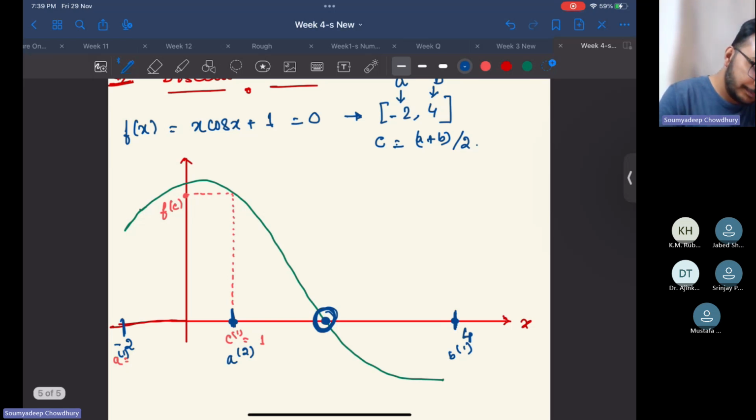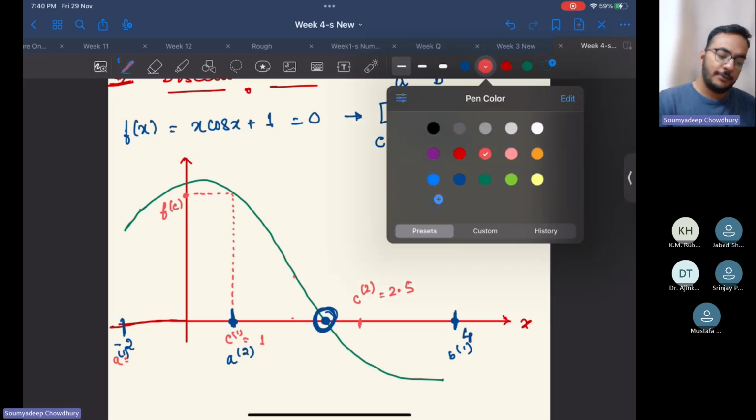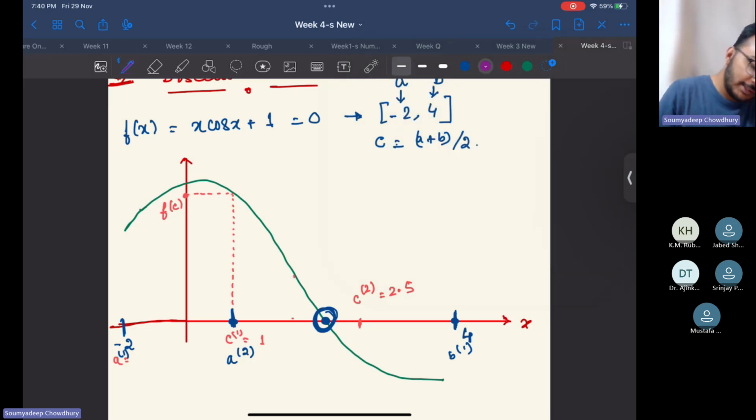Suppose somewhere here. So if we find 2.5, it is somewhere here. See, this is C2, which is 2.5. Now again for this C, we need to find the functional value at this point.